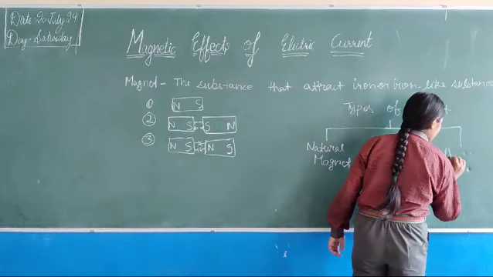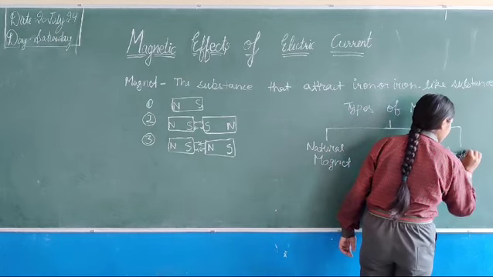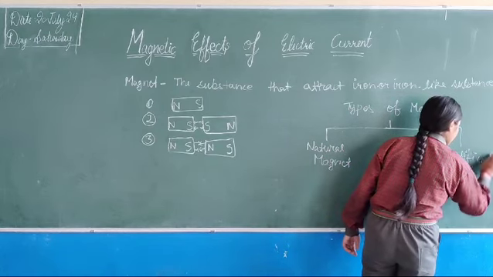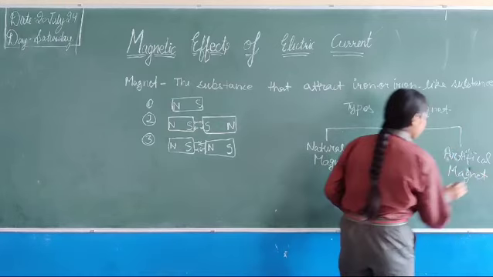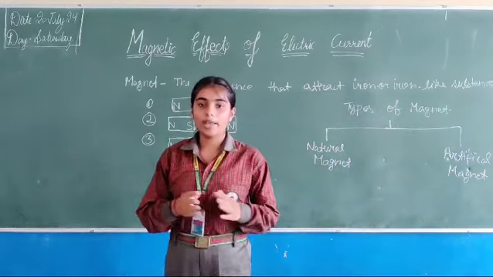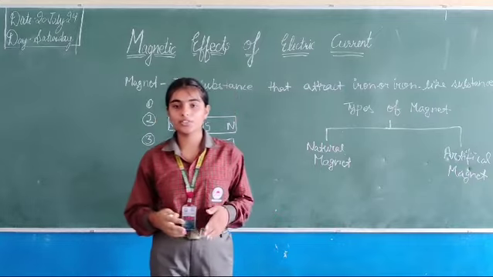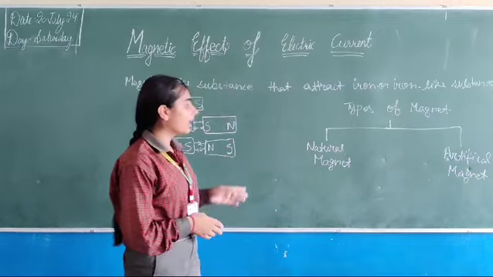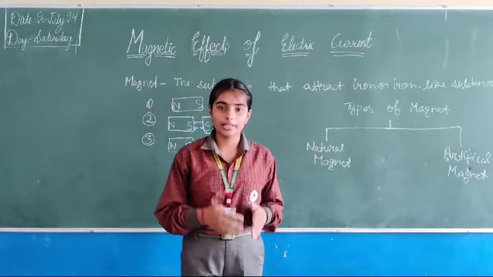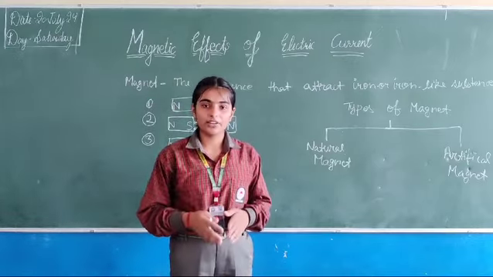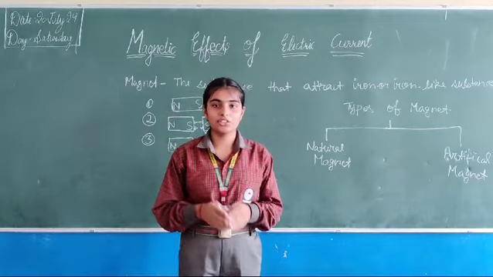The second one is artificial magnet. The magnet which has magnetism and is formed by nature is known as natural magnet, and artificial magnet is the material by which a magnet is made by different methods.